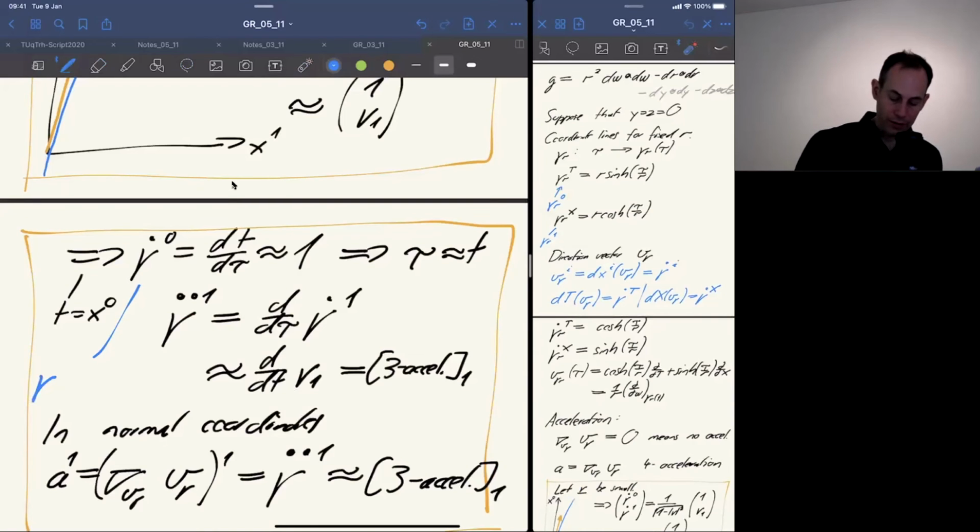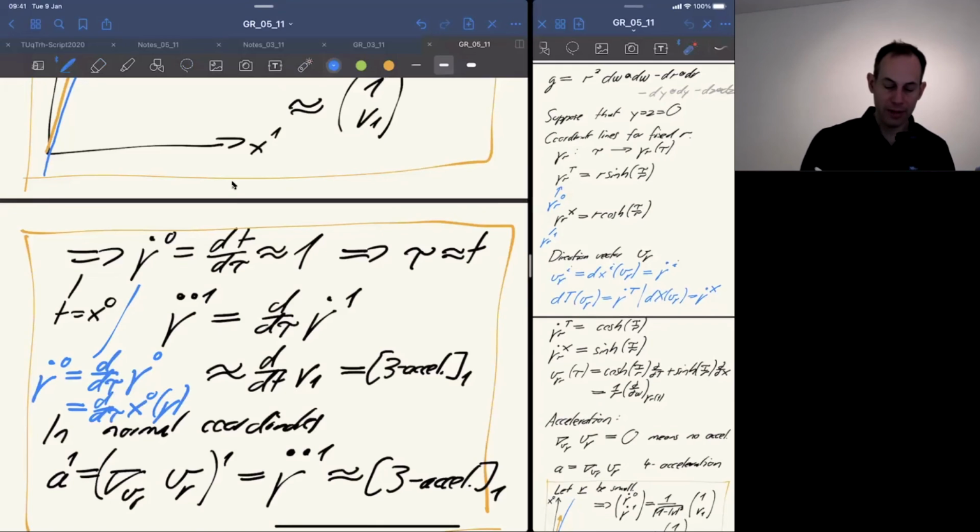Gamma dot 0 is by definition d to the d tau of gamma 0. But what is gamma 0? Gamma 0 is the x0 component of the curve gamma.